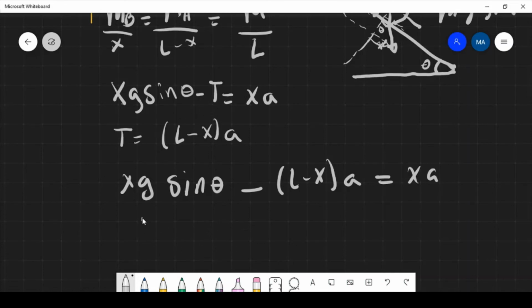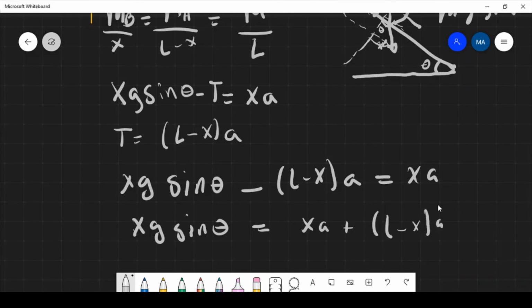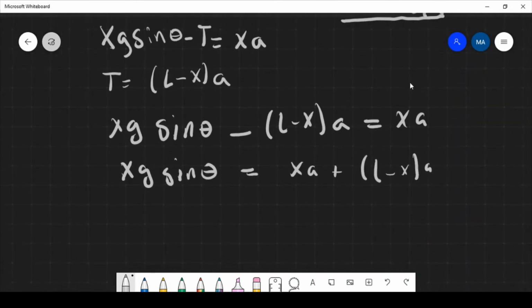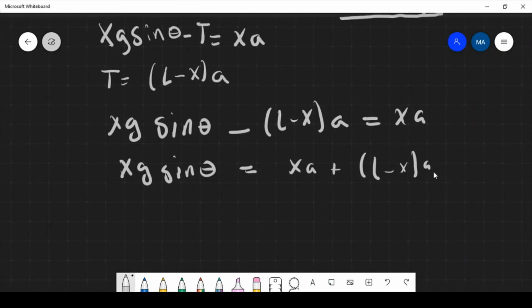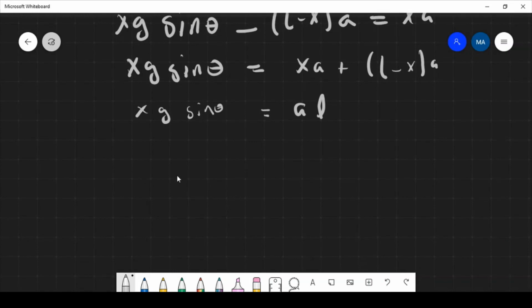So x g sine of this angle is equal to x a plus L minus x a. Here the x will cancel with this one. We'll have a L equal to x g sine of the angle.